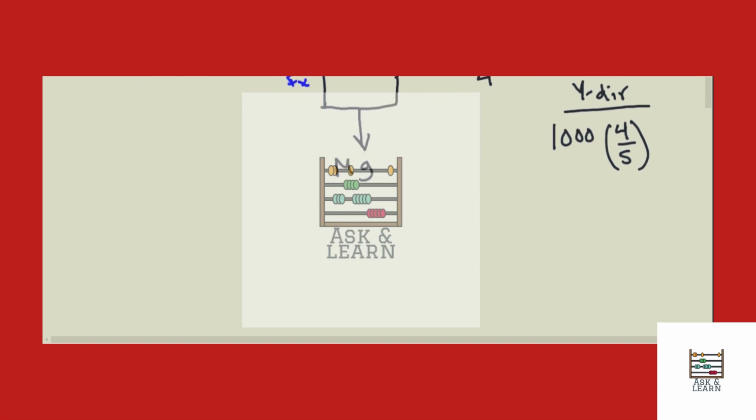From geometry, taking the cosine of that triangle, F of x is equal to F times cosine 30, so it's 800 cosine 30. Then doing the sine gives us F of y equal to 800 sine of 30.